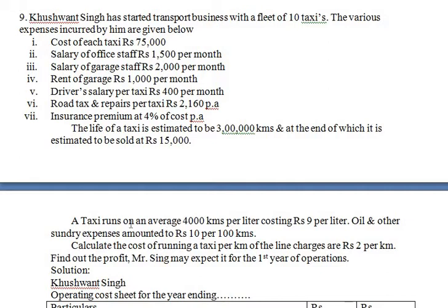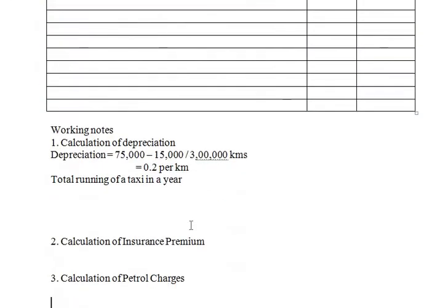But on an average the taxi runs for 4,000 kilometers, right? So here 4,000 kilometers into, as we are calculating this for 1 year, 12 months, which is equal to 48,000 kilometers.